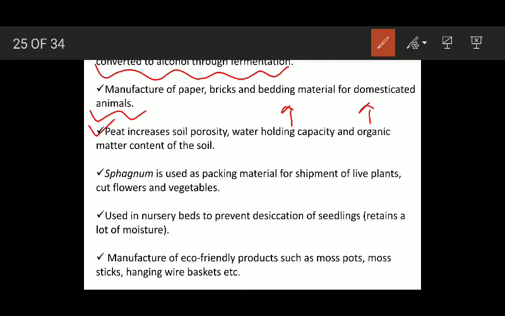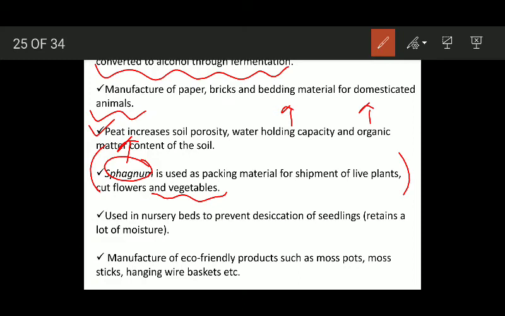Sphagnum is used as packaging material. Okay, the sphagnum moss is used as packaging material for shipment of live plants, cut flowers and vegetables. That means आप peat use कर सकते हैं because basically peat is the dried dead deposit of sphagnum.